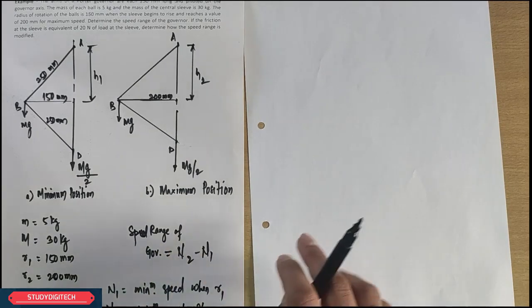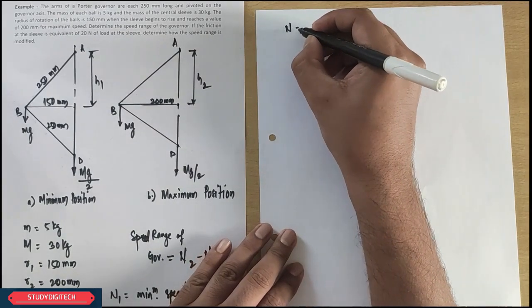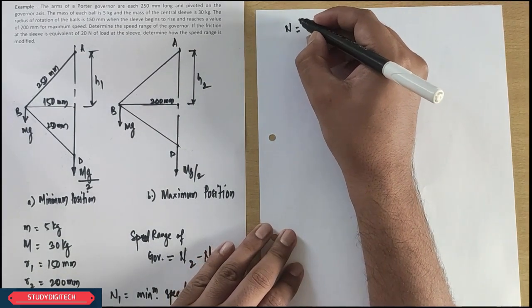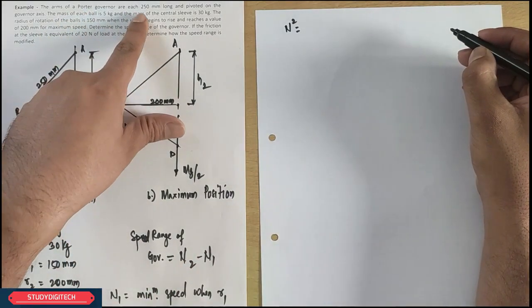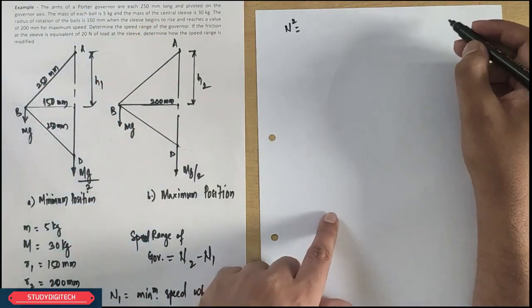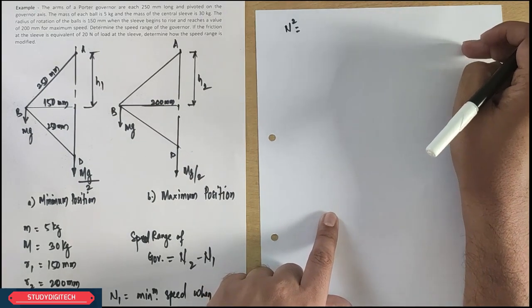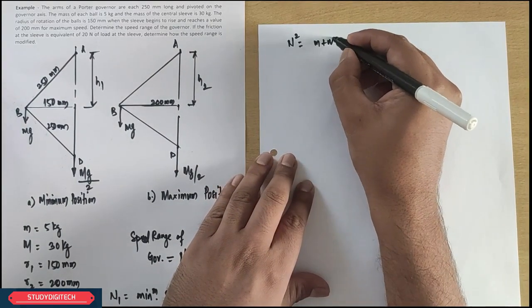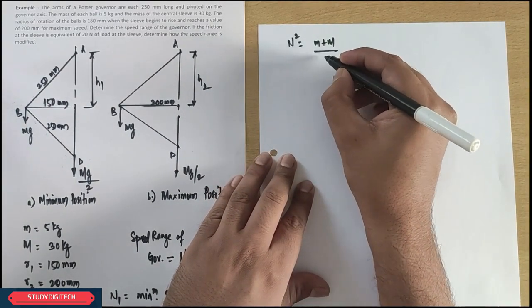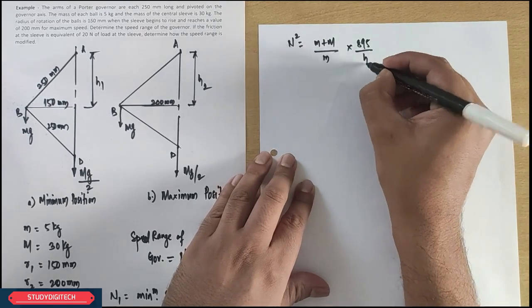For that we have the equation of speed, that is N square, when each arm is of equal length. That means the value of q is equal to 1, means tan beta by tan alpha equal to 1. So we have derived the equation: N square equals (m plus M) divided by m into 895 divided by h.